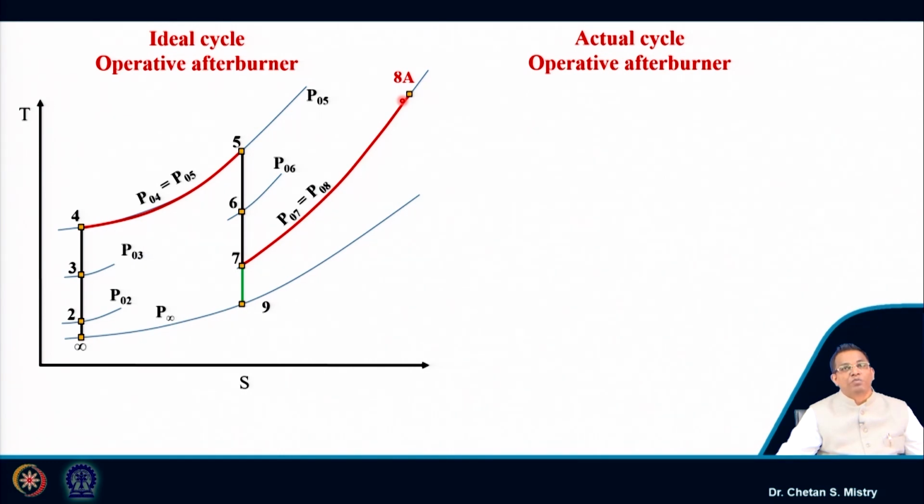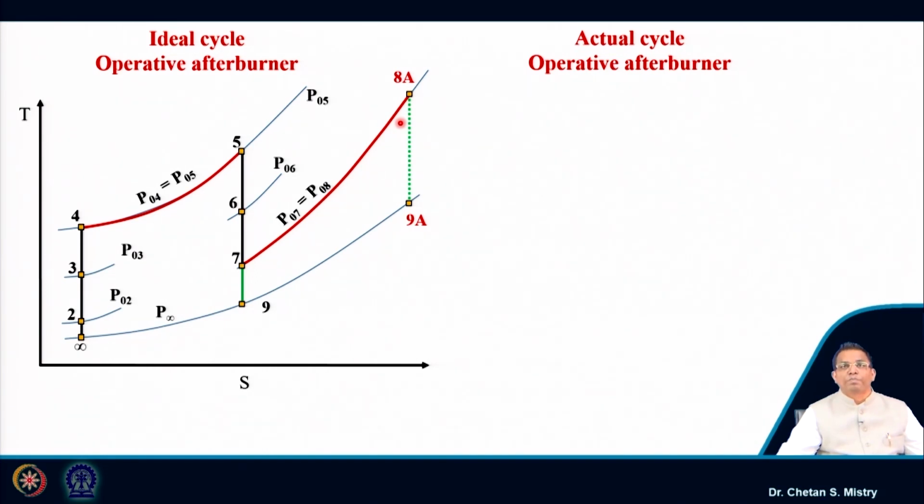That is then subjected to the nozzle, and process 8A to 9A represents the expansion process in the exhaust nozzle. So, you can realize we are able to increase the exhaust velocity maybe 2 times or 3 times. It depends on our afterburner temperature.